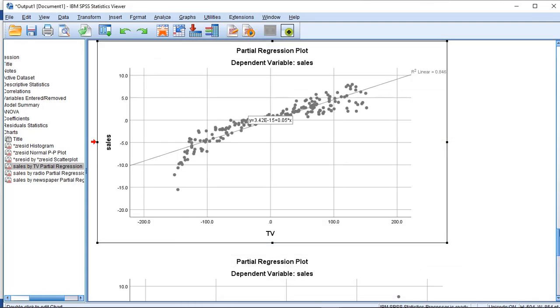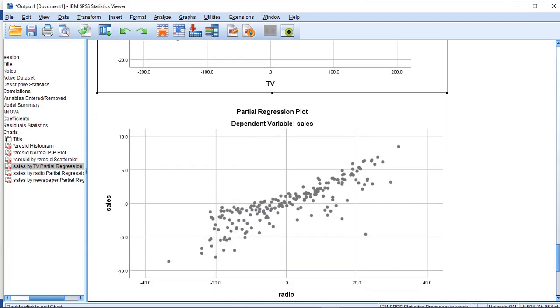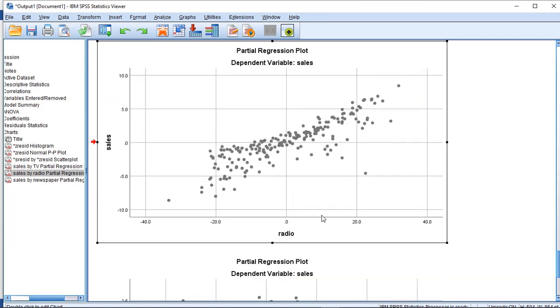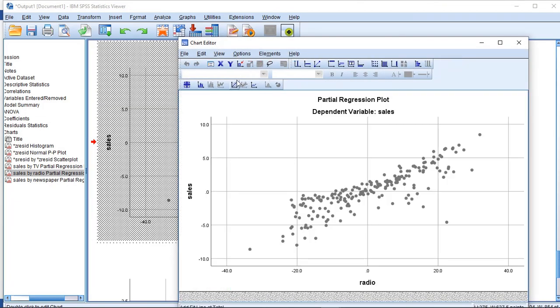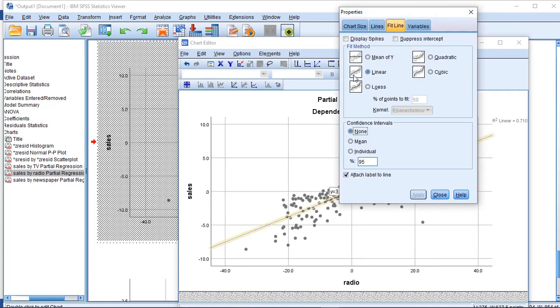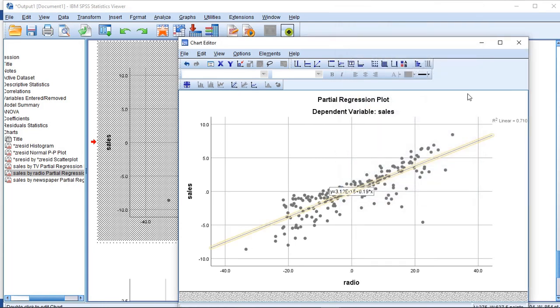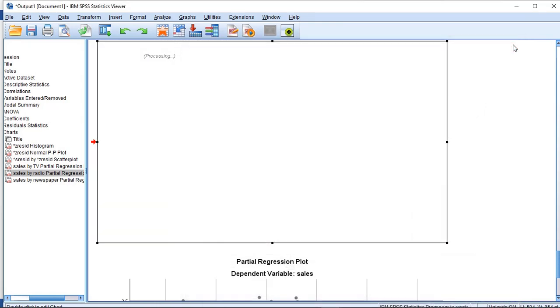We also have the partial plot between the sales and radio. Again, we have a positive linear relationship. We can put our line. Yes, as you can see here, it's our regression, the line of best fit.